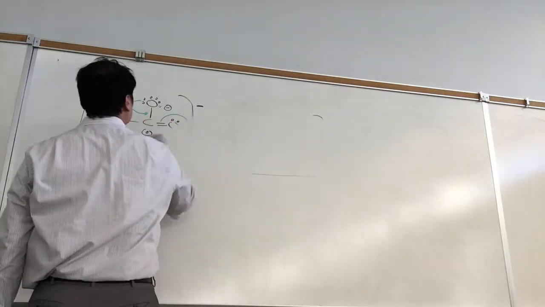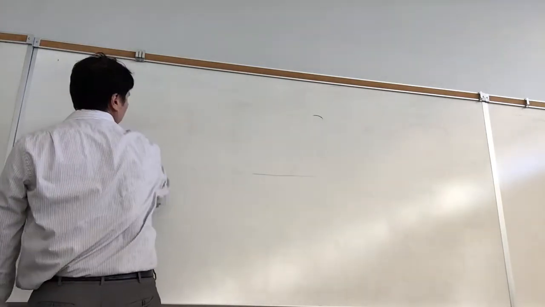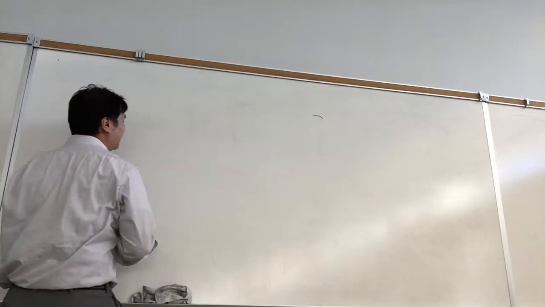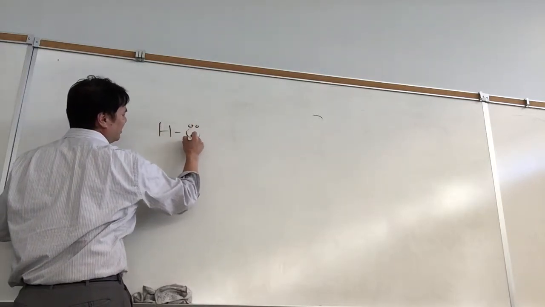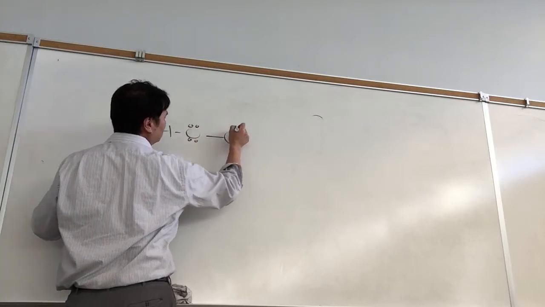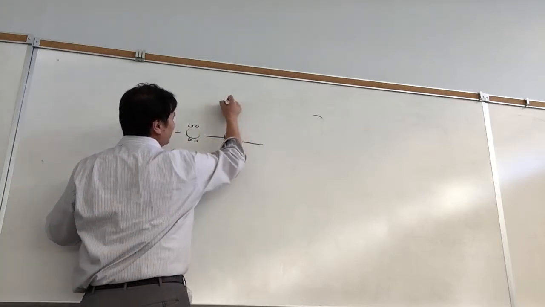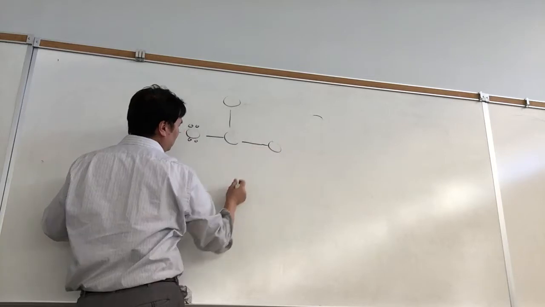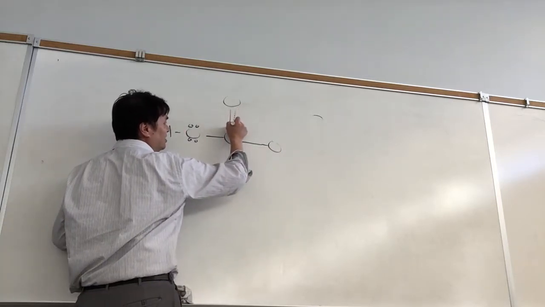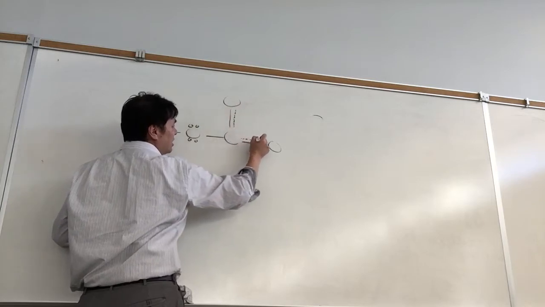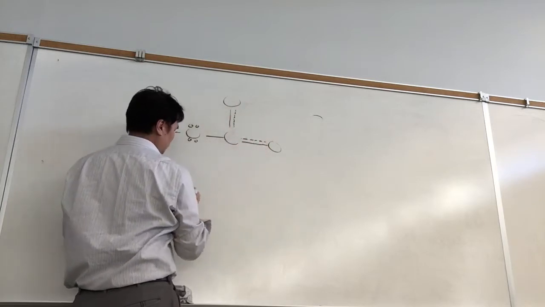Let's draw it here. The hybrid structure for bicarbonate is going to have a single bond on each of these two oxygens, but the double bond is shared between the two. So I'm going to draw a dash like that.